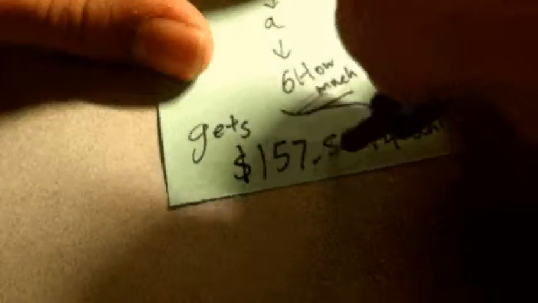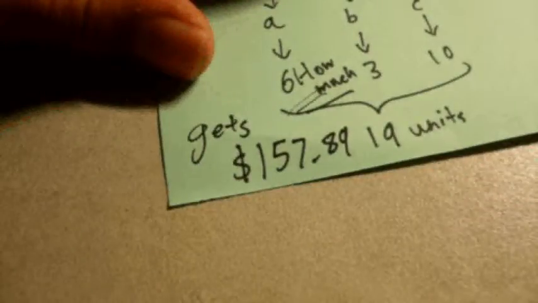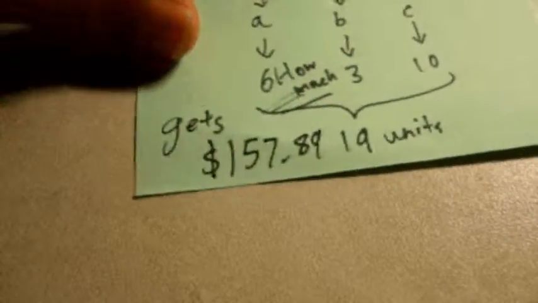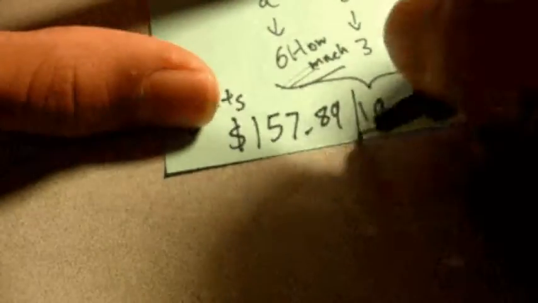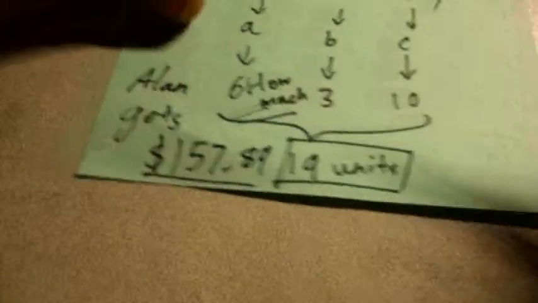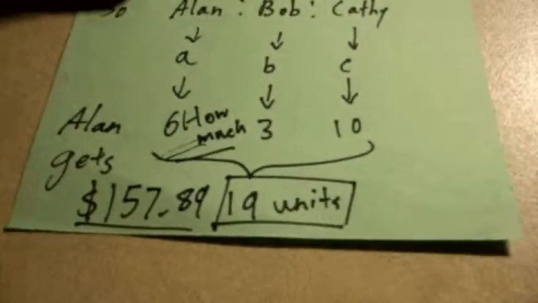So Alan gets 157.89. Alan gets this amount of money. Okay, so we have basically completed question 6.